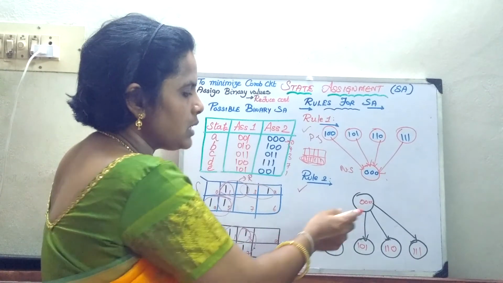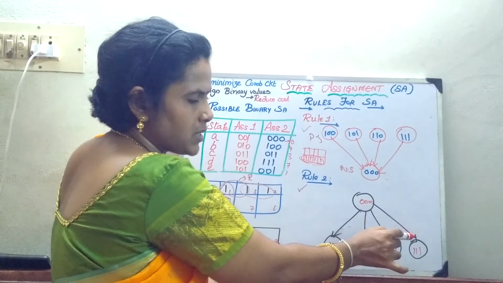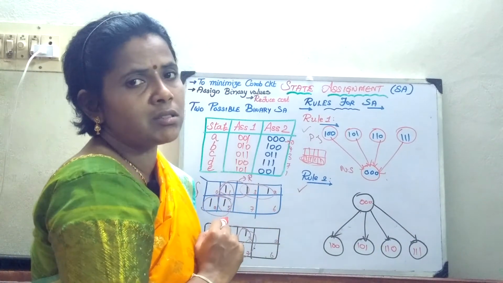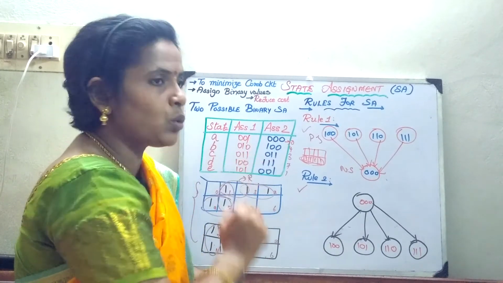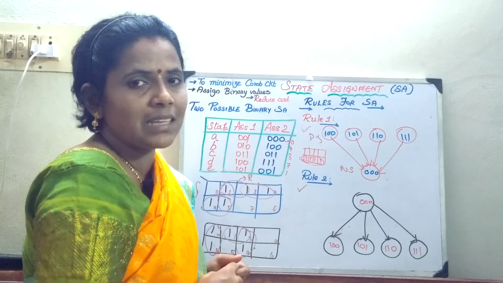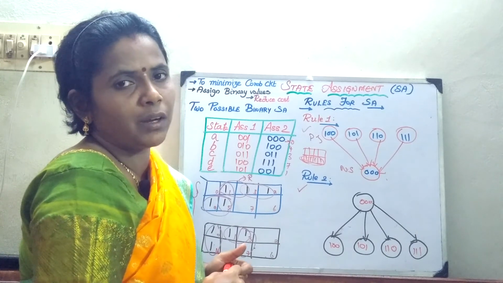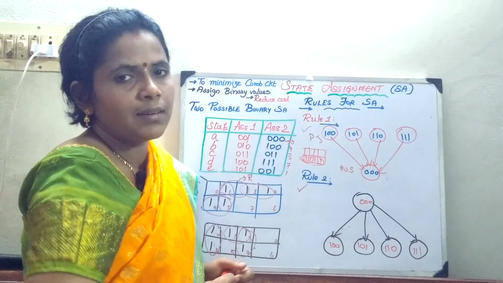The second is for a single state having different next states, which can also be adjacently grouped. When these rules are adhered to, it has been found that the cost is minimized by reducing the number of combinational gates in the circuit.